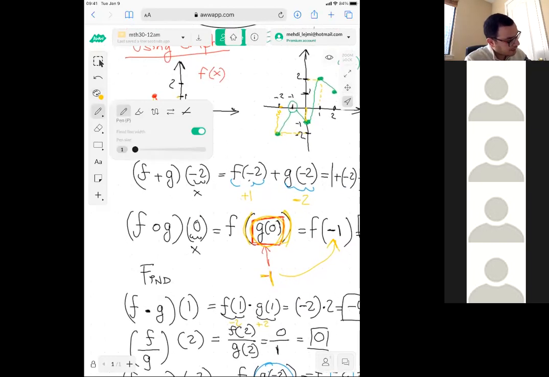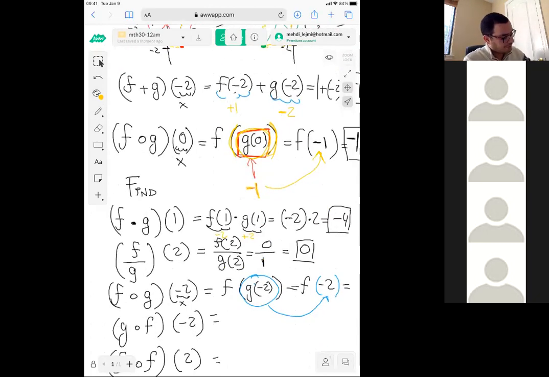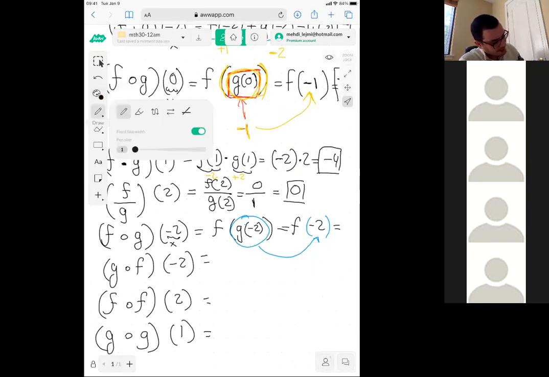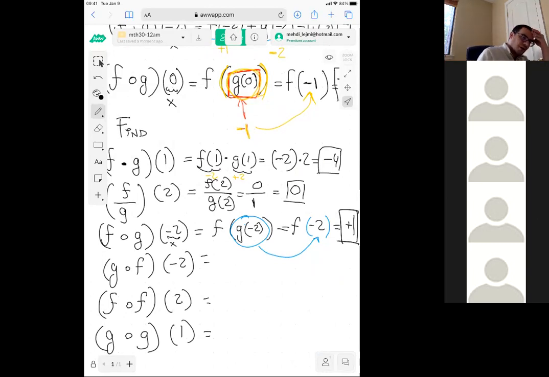And so f of -2 is +1. So the answer is +1. Any question about how I got this +1? Because this is like a new operation here. Okay, so there's no question.